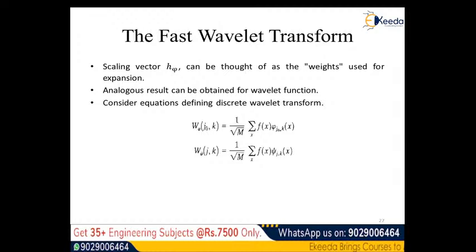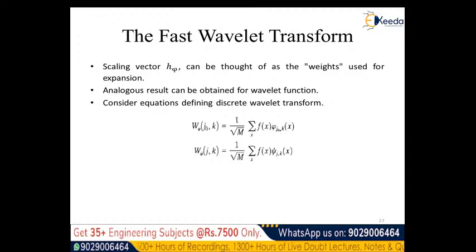The first one is with the scaling notation and the other is with the wavelet notation. For the scaling notation we have w suffix phi in the bracket j0 comma k, expressed as 1 upon root 2 times the summation over the index variable x of f of x multiplied by the scaling function phi of x with suffix j0 comma k.